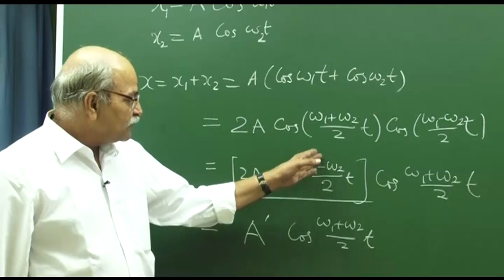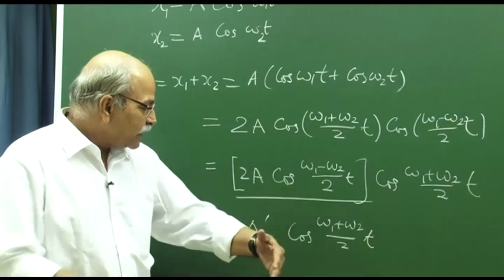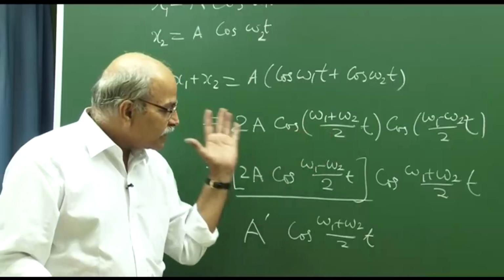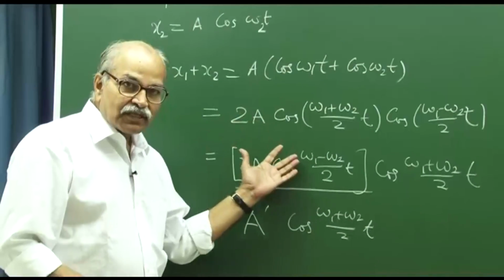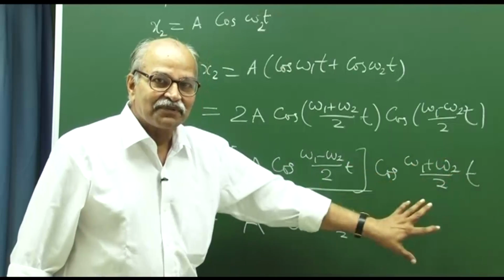So, a time period will be large because this frequency is small. So, over a large time the amplitude will gradually change, and the whole thing is oscillating with a mean frequency of something like that.